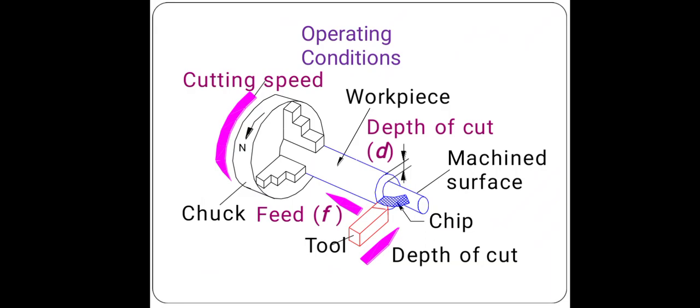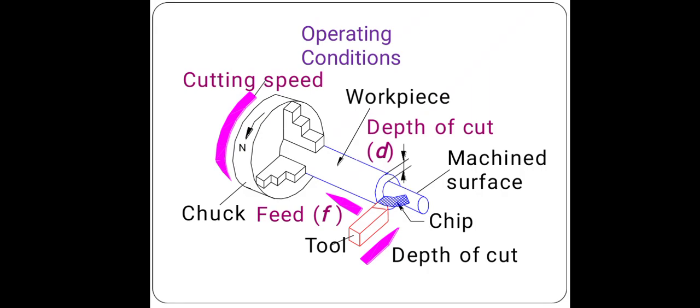This is the operating condition. The cutting speed is rotated as this figure shows. The workpiece is placed in between the chuck. The depth of cut direction is down to up to down. The machined surface during the tool feed, chip formation is done.